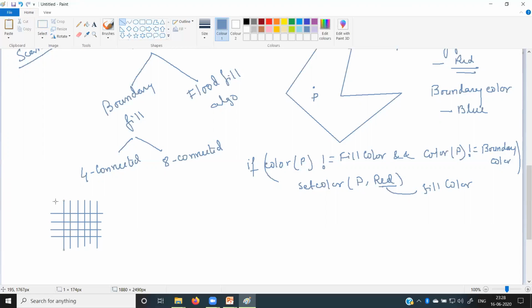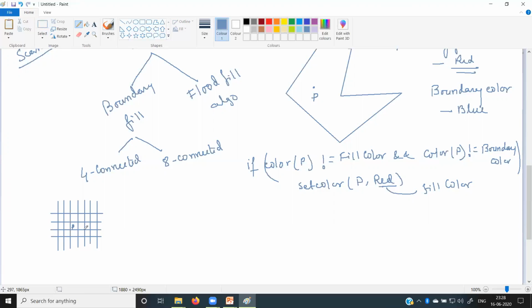Those squares are nothing but the pixels. So consider this point, this is P.